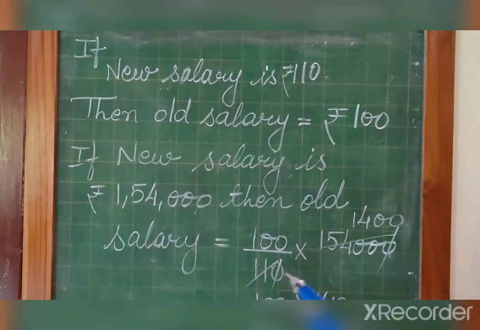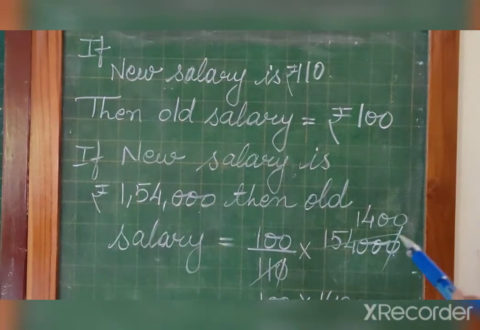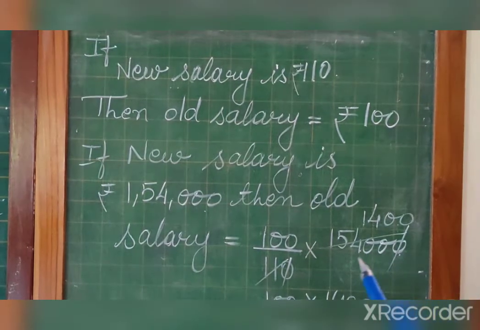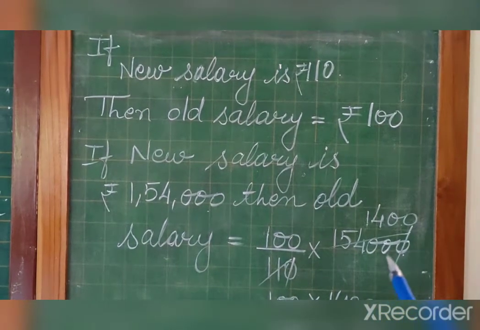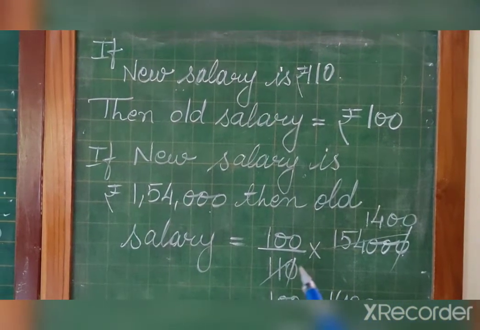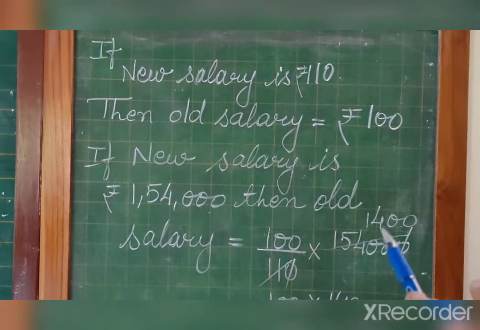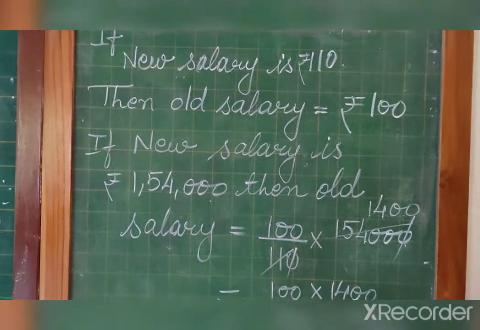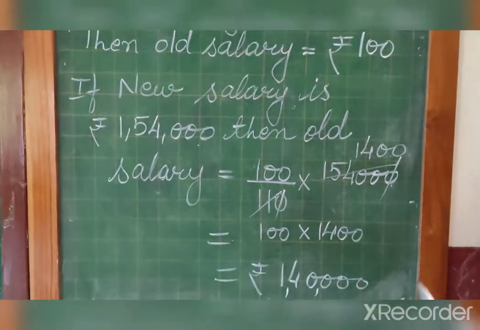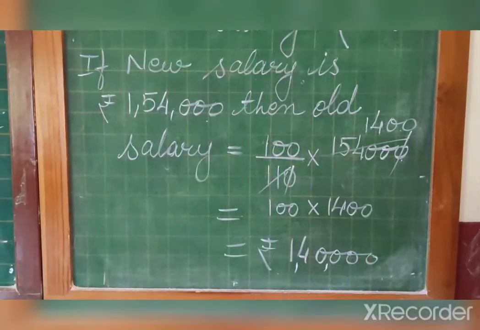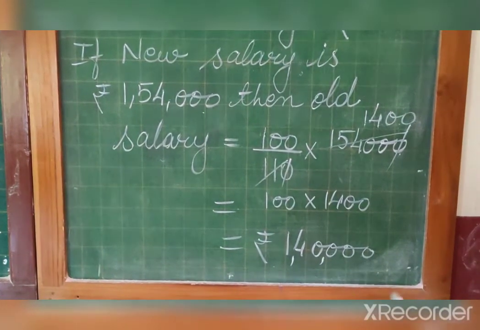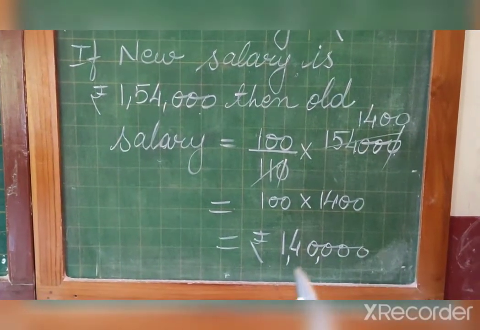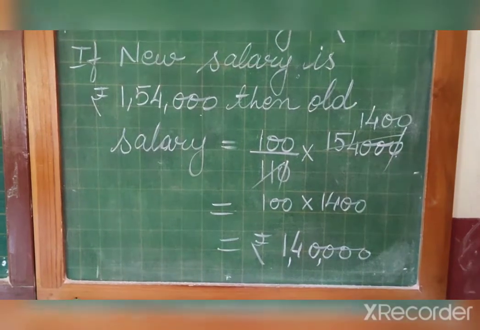So this 0 you will cancel by this 0, divide this value, that means 15,400 you will divide by 11. So it is divisible by 11: ones are 11, 11 fours are 44 and 2 zeros as it is. So 100 into 1400, that means original salary is 1,40,000. Okay.